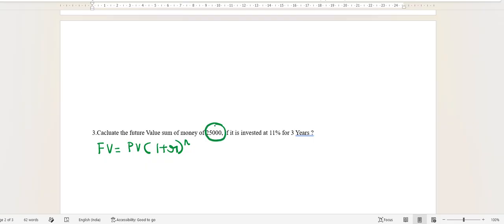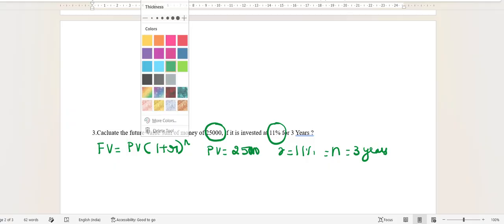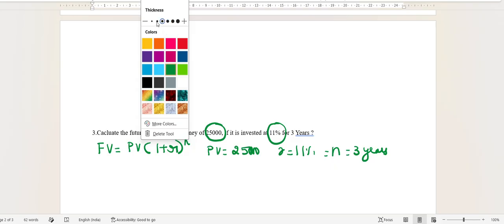Now, what is my present value? My present value is equal to 25,000 and my r is equal to 11% and my n is equal to 3 years. So this is how I have to go ahead.